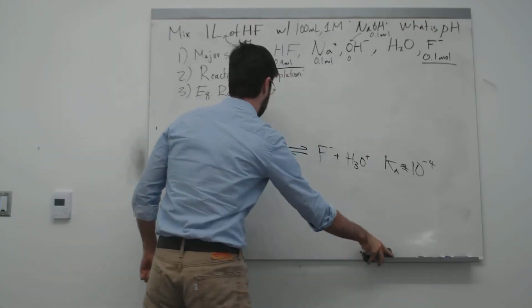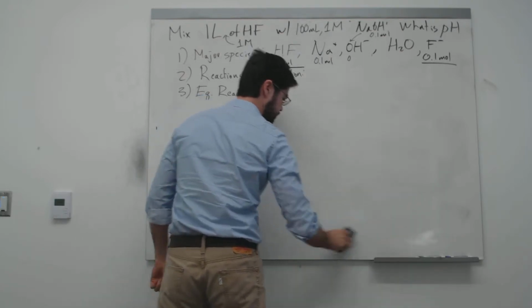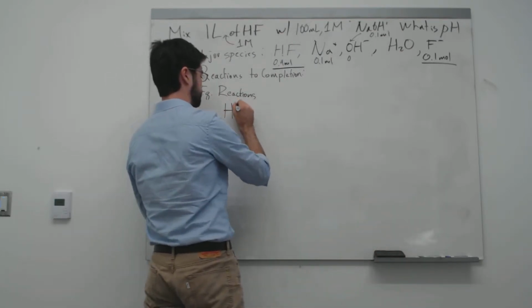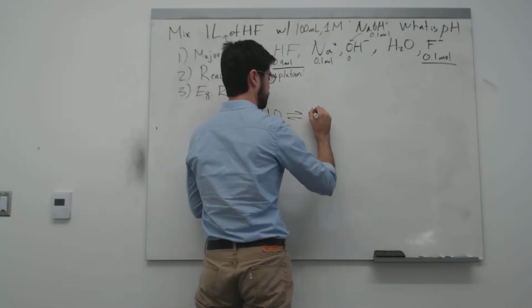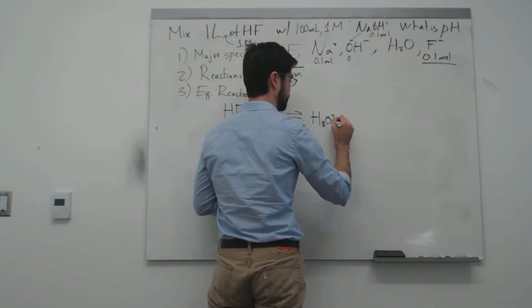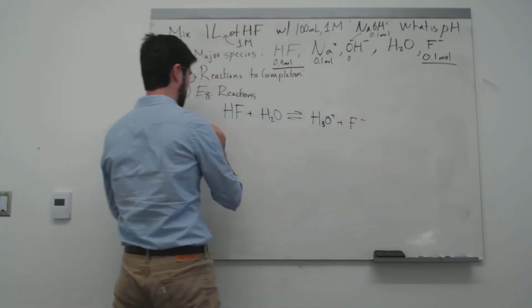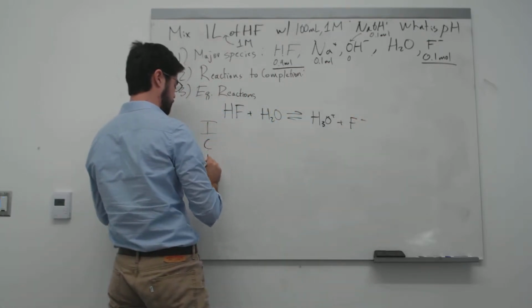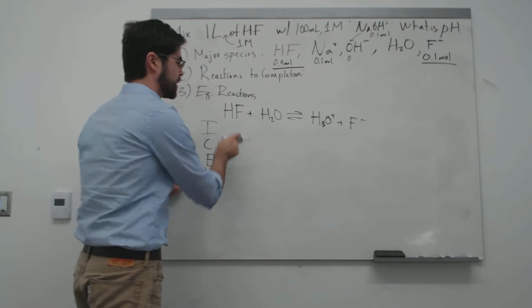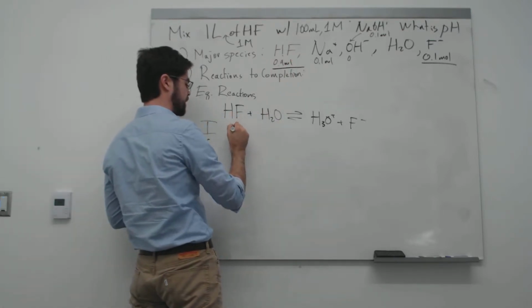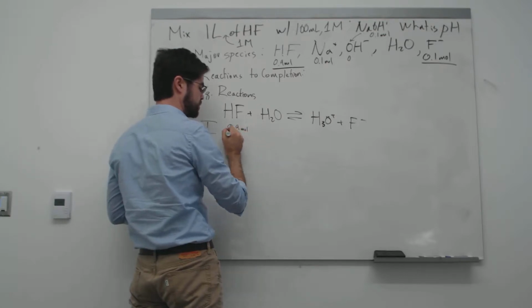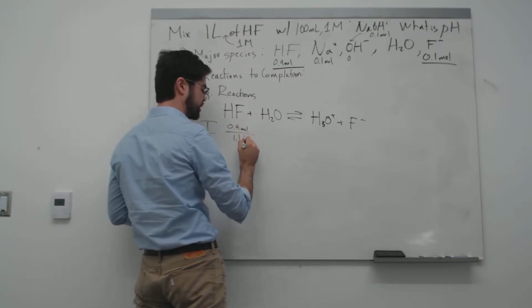So I'm going to move this up here. I'll do an ICE box here. So my initial hydrofluoric acid concentration should be 0.9 moles over 1.1 liters.